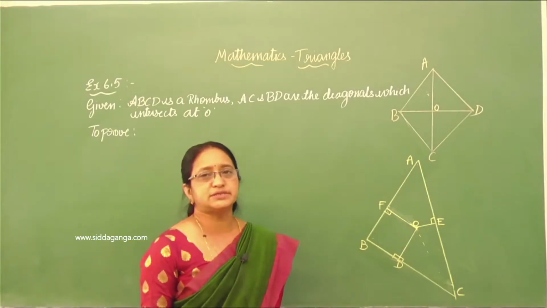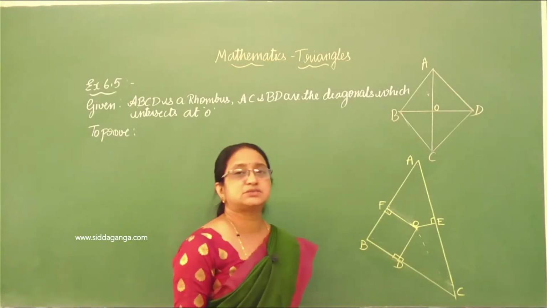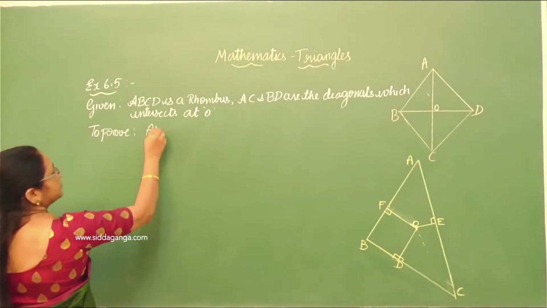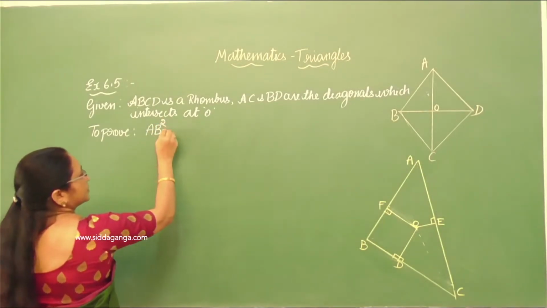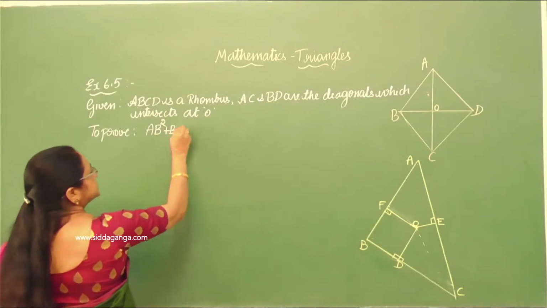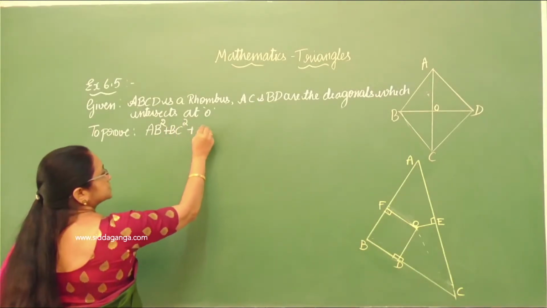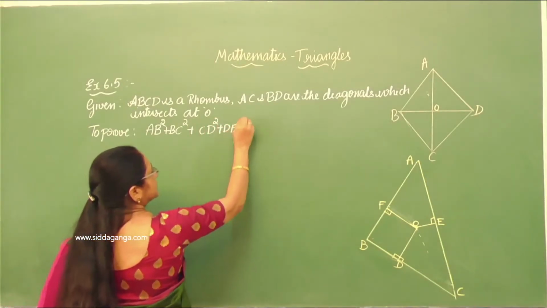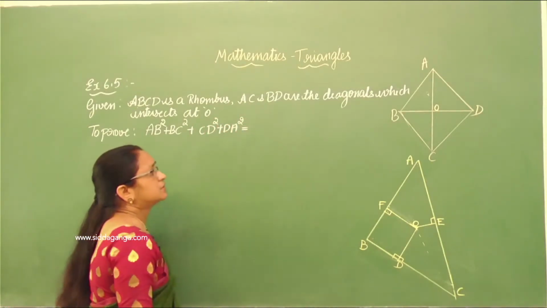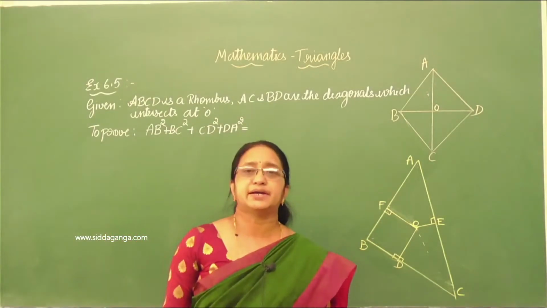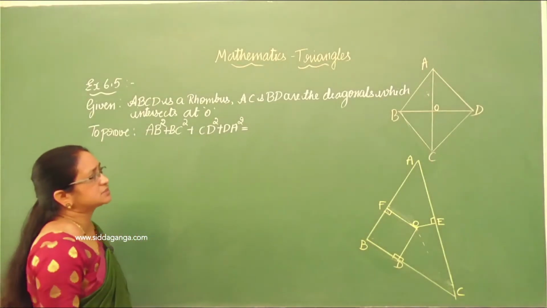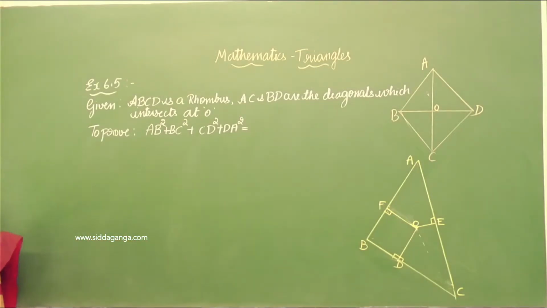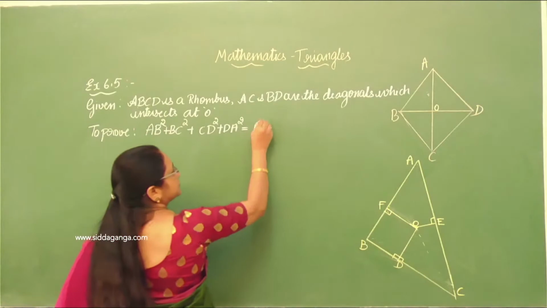The sum of the squares of the sides means AB square plus BC square plus CD square plus DA square is equal to the squares of the diagonals, AC square plus BD square.